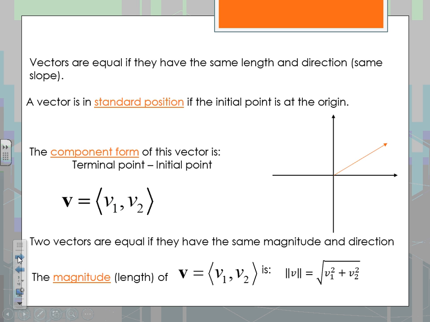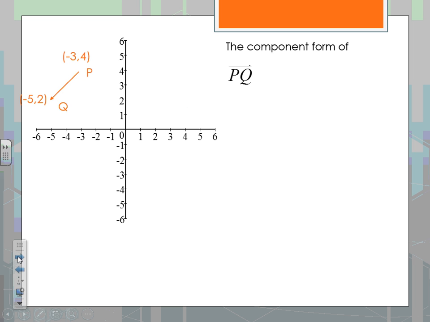Okay, so if this is our vector, are you ready? If that's our vector, if PQ is our vector, then its component form is -2, -2.